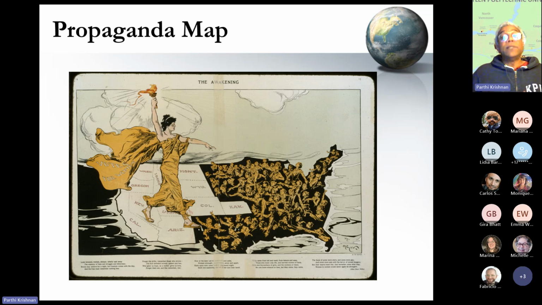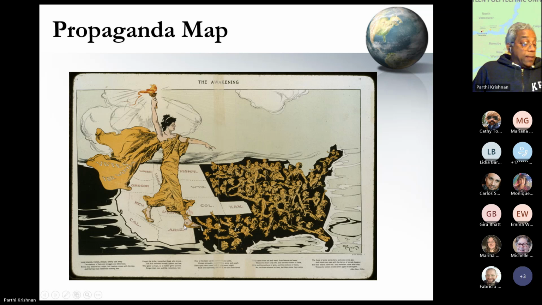It symbolizes the women's desire to have the right to vote, which was already granted in the Western states. And so they are marching towards the east to try and encourage and help the women in the eastern states to achieve that goal as well.